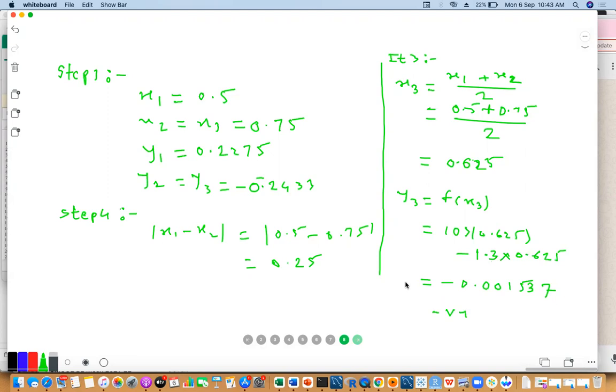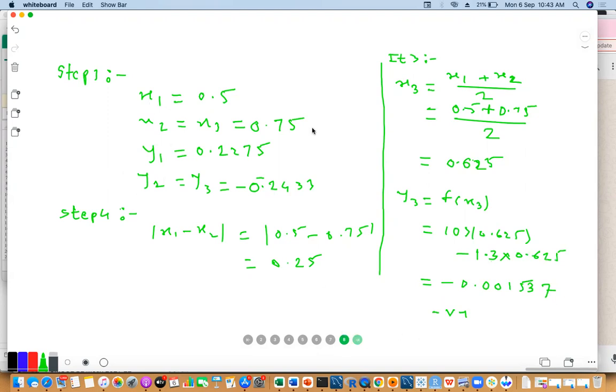Now it will be more clear. We want to replace the earlier negative value. What is the earlier negative value? That is y2. Here, y1 is positive, y3 is negative. So we will be replacing y2 and x2, right?